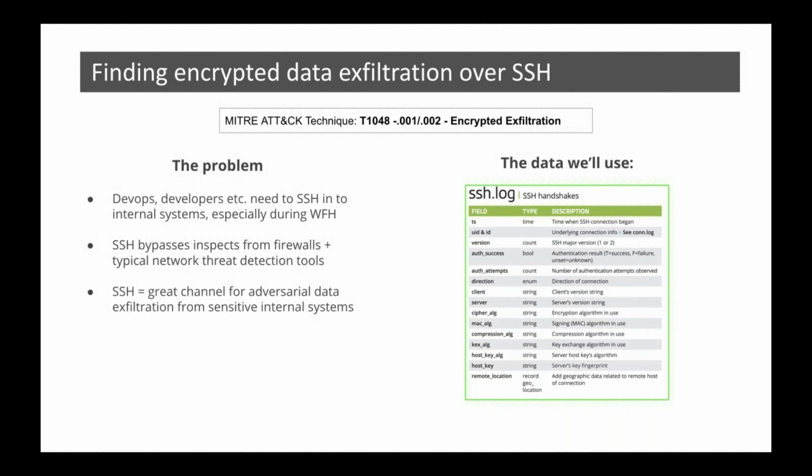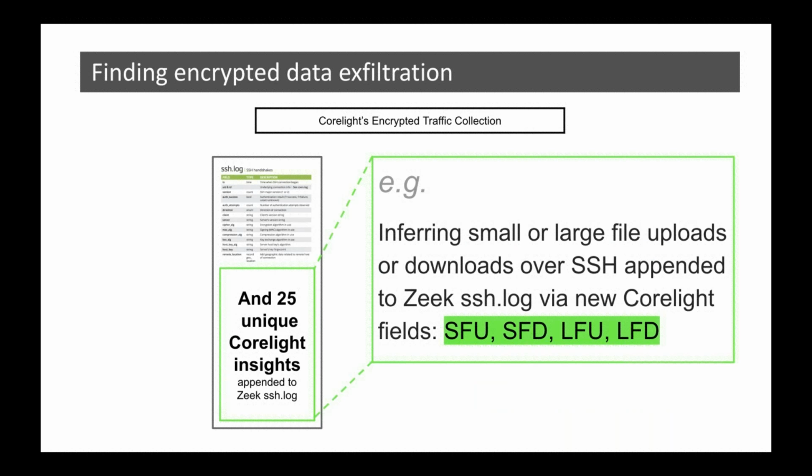So Zeek already has quite a powerful dissector and protocol analyzer for SSH, which shows things like where the connection came from, what cipher suites were used, what version was used, etc. This goes one step beyond and actually shows, if you go to the next slide, John, we have a set of 25 unique insights, which basically shows all sorts of things from how the client authenticated to what was happening during the SSH session.